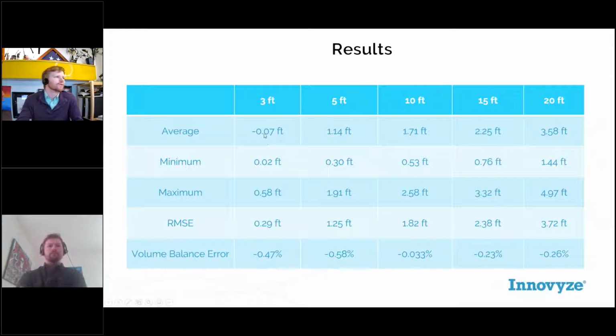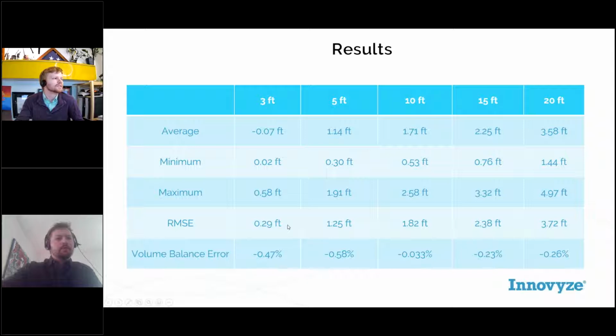I was really surprised by the level of change in terms of the range between the maximum and minimum differences, the differences in the average, and also this RMSE, root mean squared error, which, I'm not a statistician, but from what I understand, is a normalization method to normalize error across the models. It's basically just measuring the difference between observed values and modeled values. So that's what I was trying to do with that.